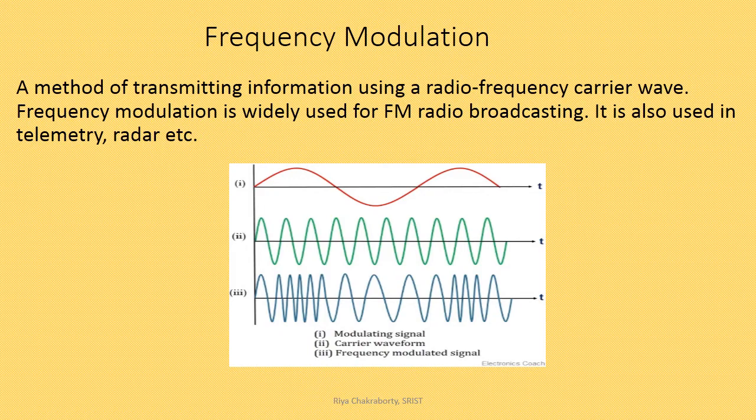Frequency modulation is a type of angle modulation in which the instantaneous frequency, f(t), is varied in linear proportion with the instantaneous magnitude of the message signal.